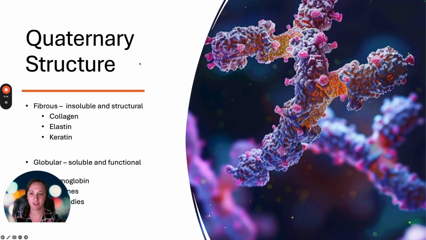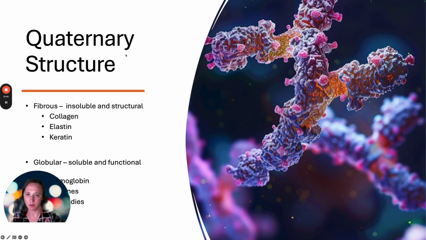Keratin is another insoluble, structural protein. It's found in hair, nails, skin. It provides protection and strength. Keratin is kind of tricky because it can be alpha keratin, which has coils, or it can be beta keratin, which is that beta pleated sheet formation. Keratin is often held together by disulfide bonds.